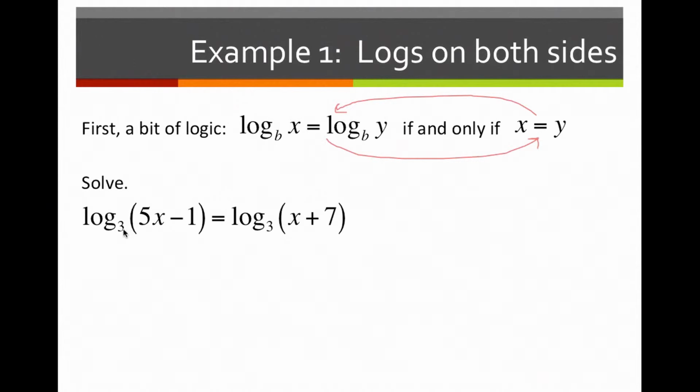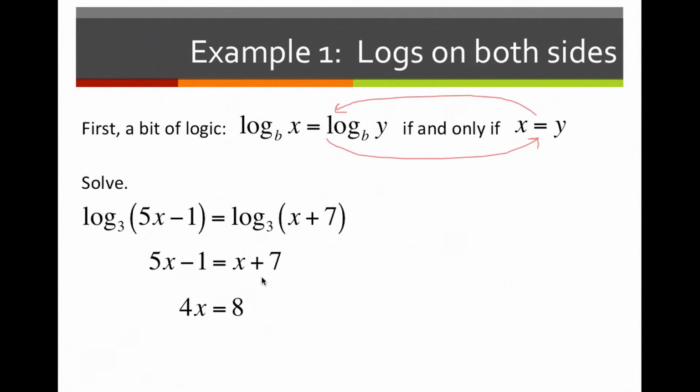And because both of my logarithms have the same base, that means I can simply set these two parentheses equal to each other. So in a sense, you can kind of say that you're de-logging each side. Because it's log of something equals log of something, those two somethings have to be equal to each other. And so that's what we're actually going to solve.